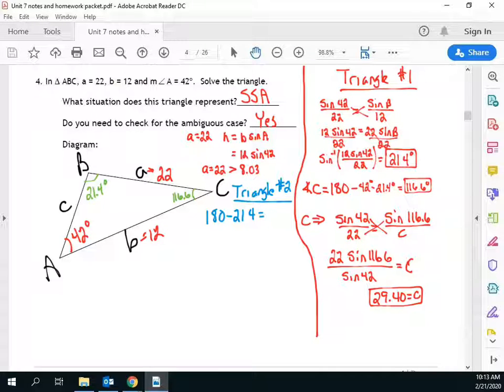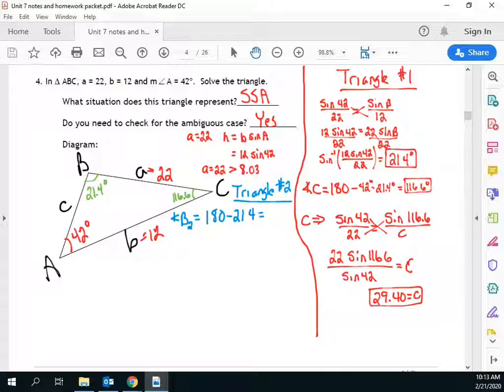This is going to be the angle, I'm sorry, the second B angle. So you found the first B angle to be 21.4. Now let's see if B can be another angle.